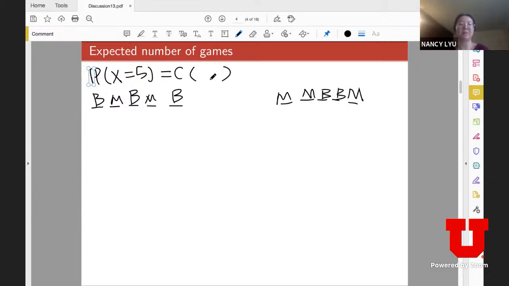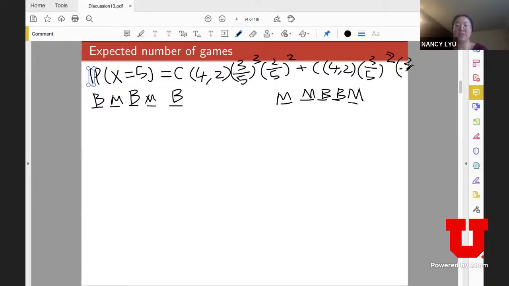So this time we will have 4 choose 2 and still 3/5 cubed and 2/5 squared, plus 4 choose 2 and 3/5 squared and 2/5 cubed.